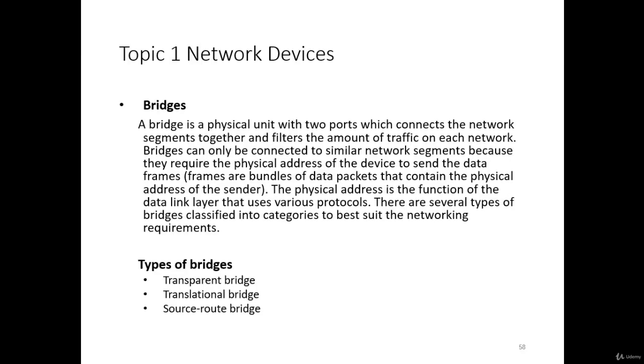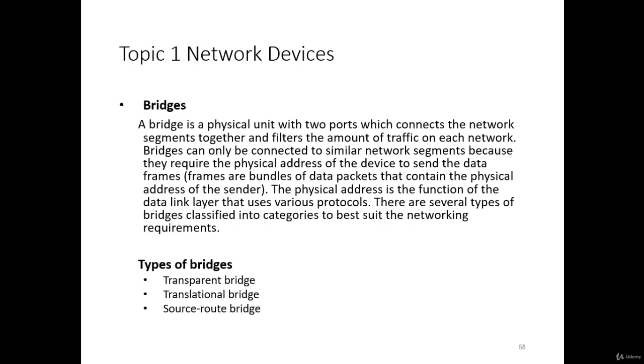A bridge is a physical unit with two ports which connects the network segments together and filters the amount of traffic on each network. Bridges can only be connected to similar network segments because they require the physical address of the devices to send the data frame.